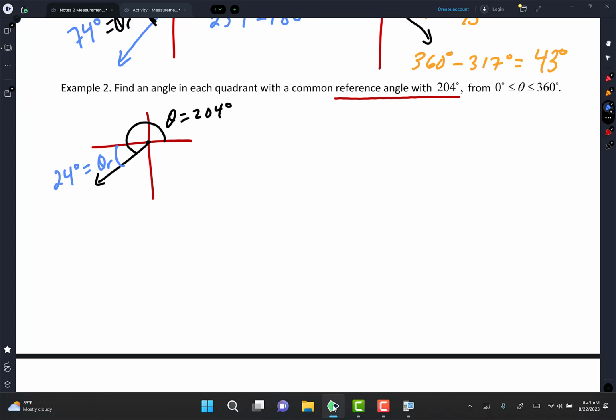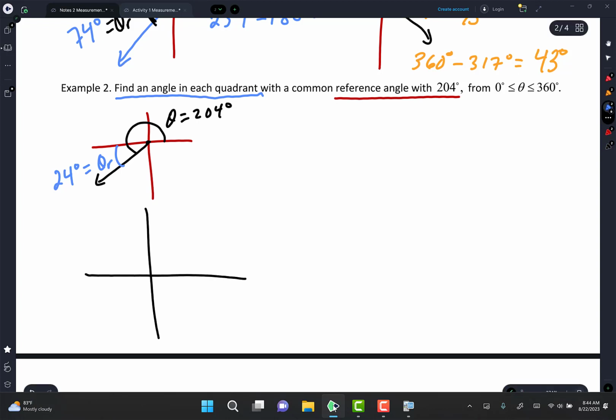Are we okay? Okay. What they want me to do, look what it says. Look at the directions. Find an angle in each quadrant with a common reference angle of 204. So they want me to write a 24 degree reference angle in every quadrant. So I'm going to draw a grid, and I'm going to draw a 24 degree reference angle in every quadrant. That's 24 degrees.